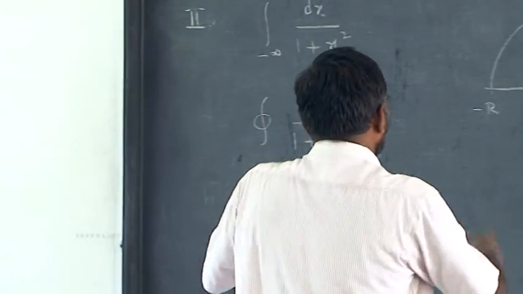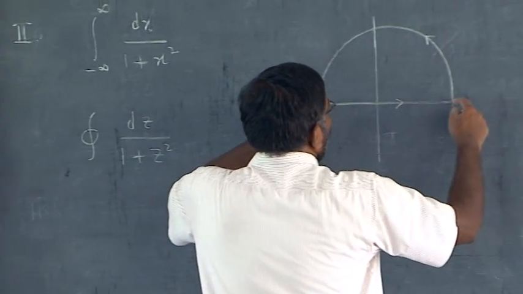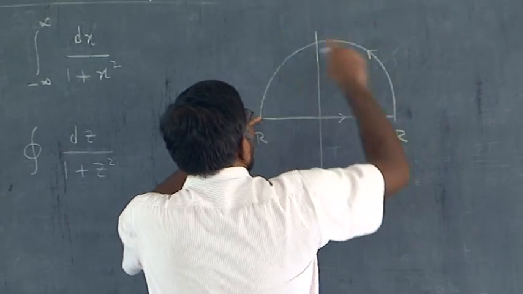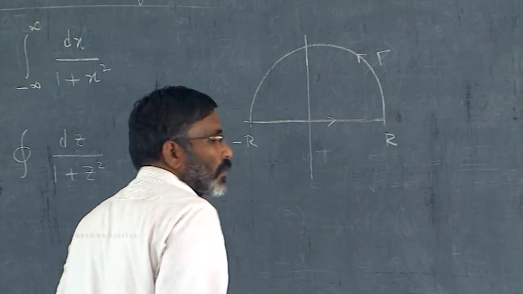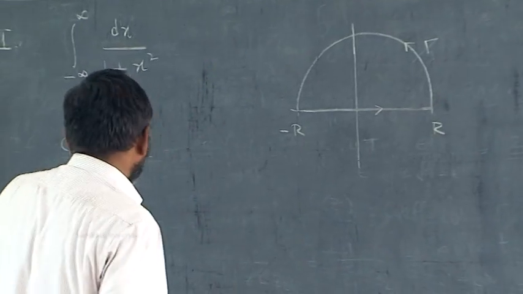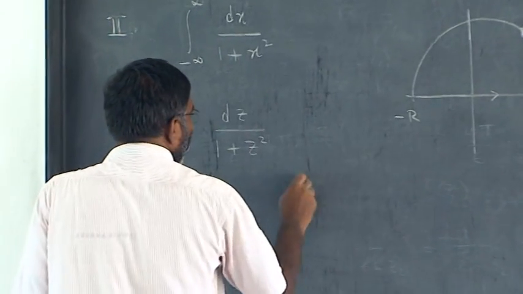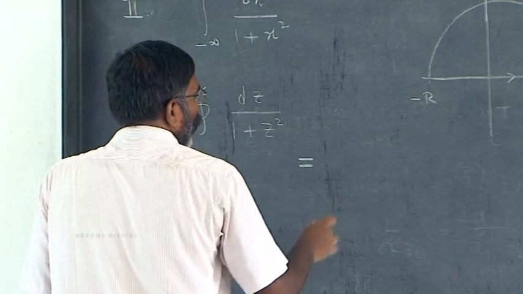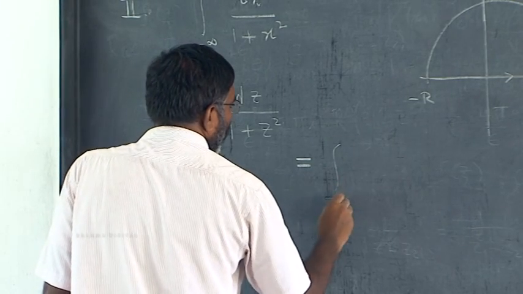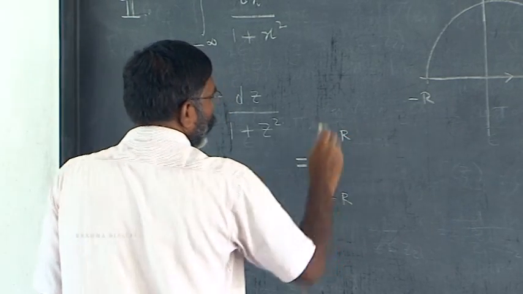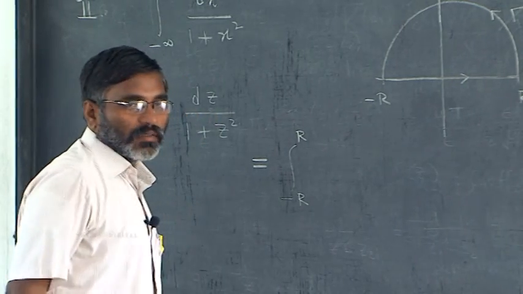So here I have in this contour minus r to r, so let me call this as some gamma, that wing of gamma. So this contour integral is equal to integral minus r to r.